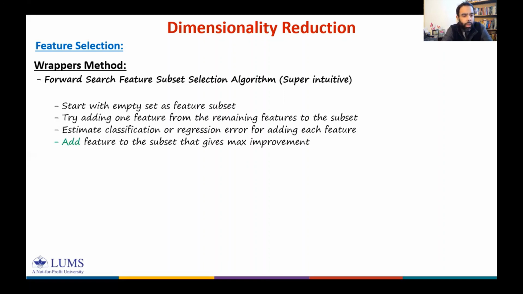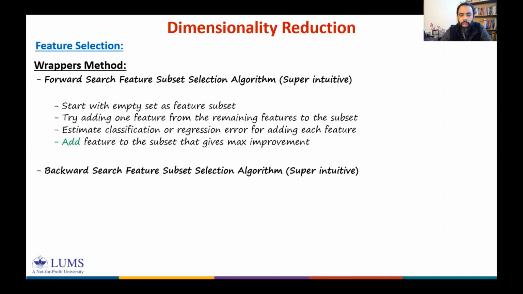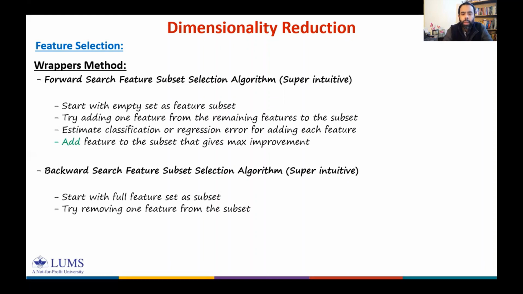Alternatively, you can have backward search. In backward search, you start with the full feature set as a subset, and then you try removing one feature from the subset. So which feature would you remove?